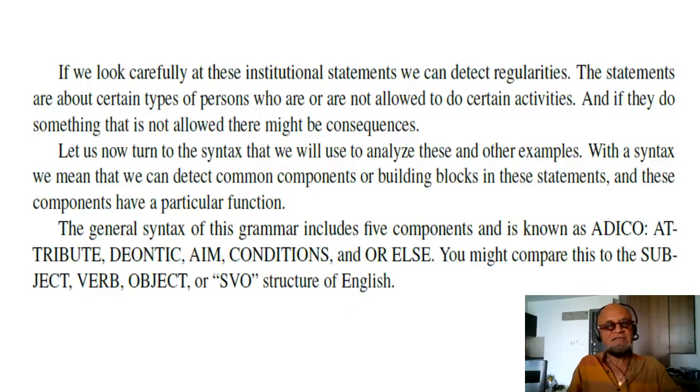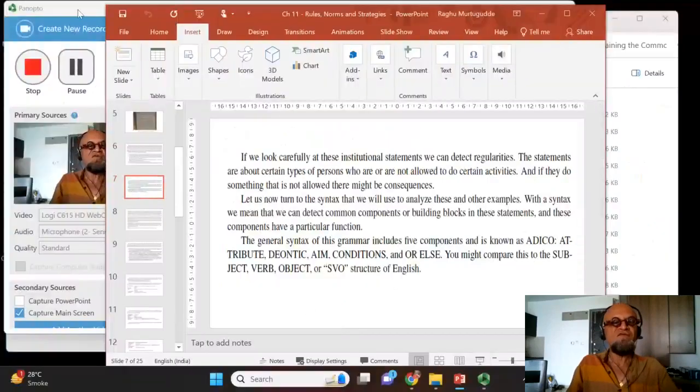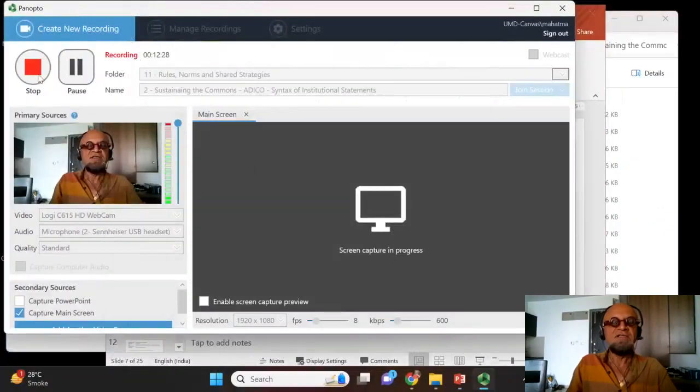Anyway, let's leave this here and come back and look more formally at the syntax. Of course, we are building towards institutional analysis and development before we can go to actual examples and think about how norms, punishments, and shared strategies can be developed for sustaining the commons. Okay.